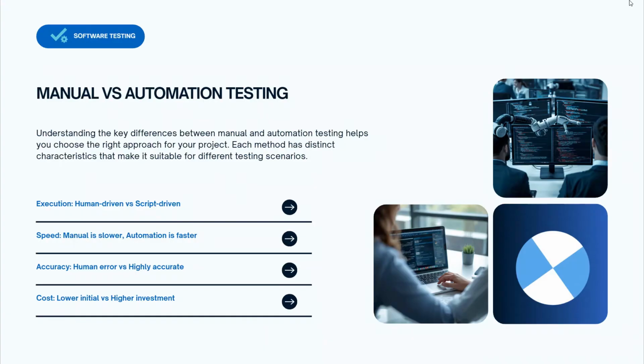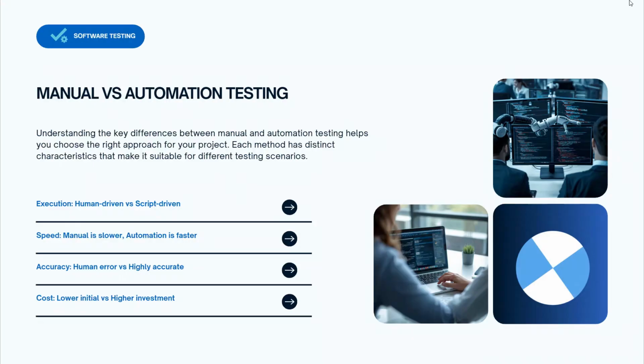What automation will do is execute using automation tools and a script. Whatever script you have written for the login page, it will execute based on that. It will be done by a human manually, or it will be done by an automation tool or a script. That is how the execution part will be taken care of. That is the difference between manual and automation.